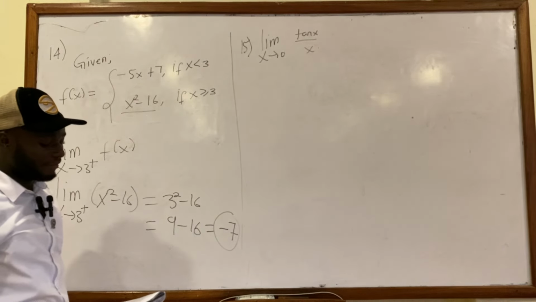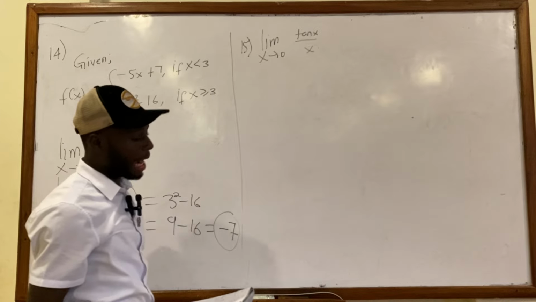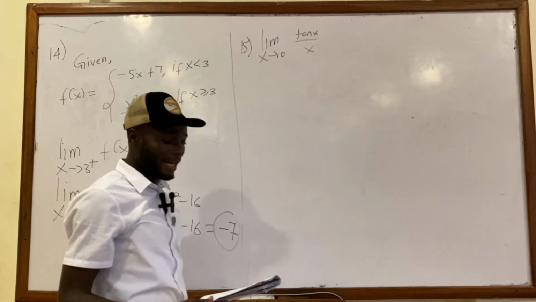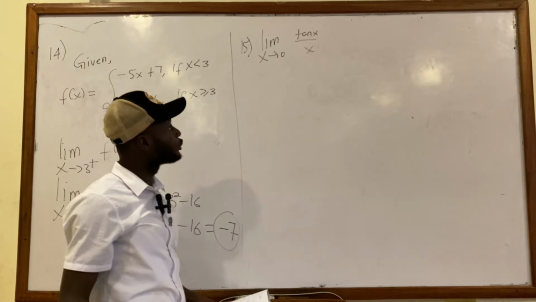All right, so the function tan x can be approximated by x when x is very close to 0.